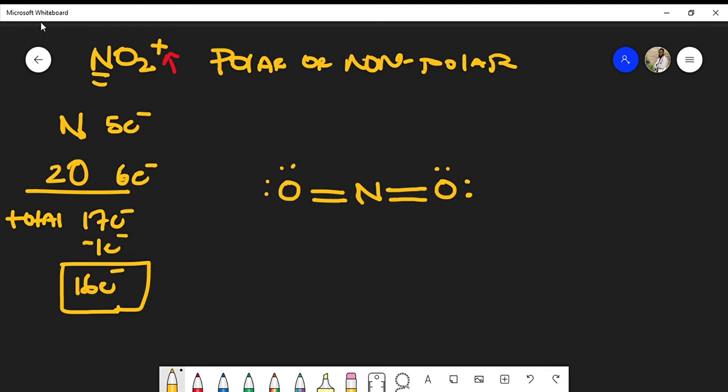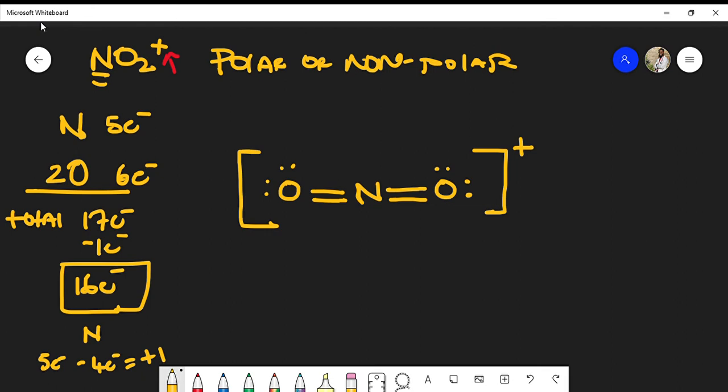When we draw our Lewis structure, if we're drawing ions, we put it in parentheses or brackets, and the plus charge in this case will be on the nitrogen, because remember, if we do a quick formal charge rule, nitrogen has 5 valence electrons, and it really has 4 valence electrons around the nitrogen atom, so that will give us a +1. Don't get confused about this. I just took a shortcut to show you that the plus charge is actually on the nitrogen.